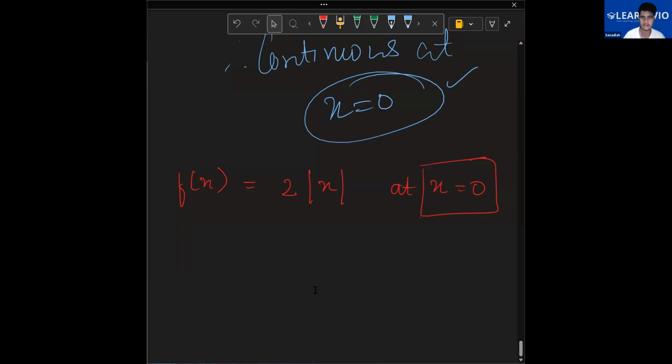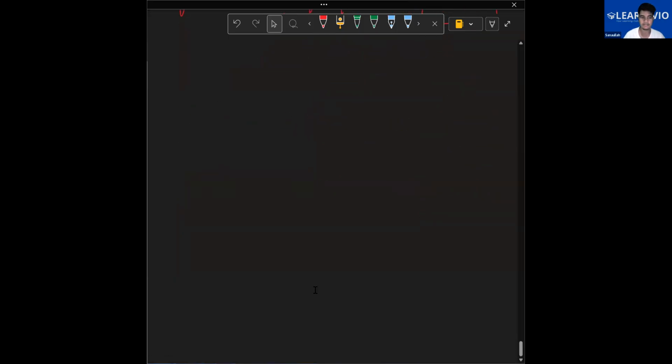Now there is another type of questions. उसमें कुछ खास difference नहीं है, but there is just change in the notation and how you will recognize that.